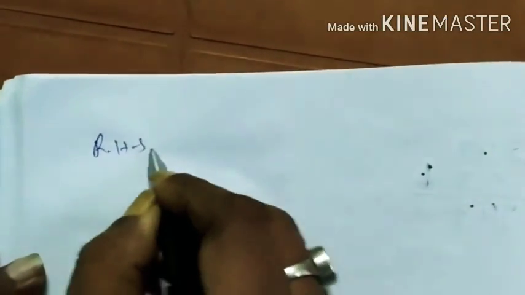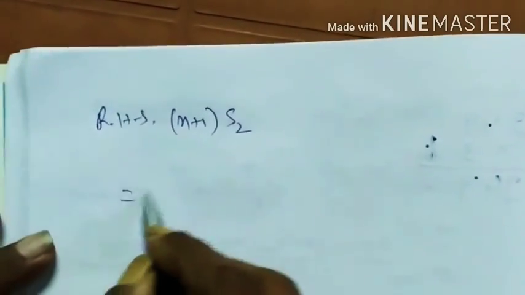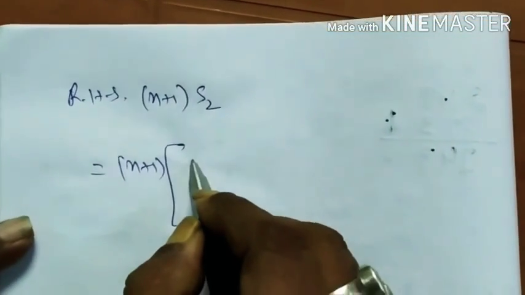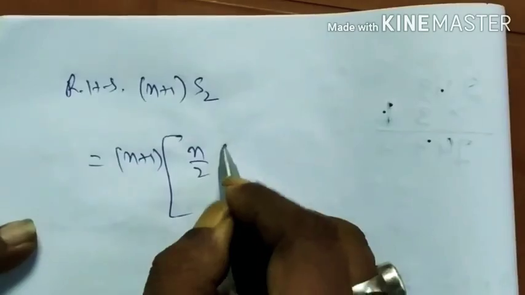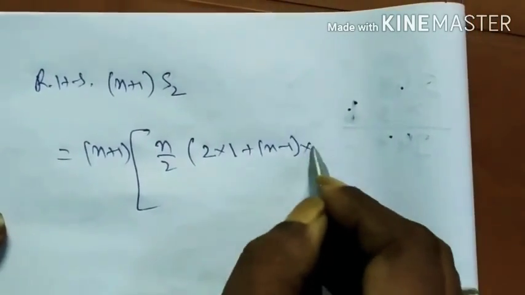Right hand side is n plus 1 S2. So this is n plus 1 into S2. For odd natural numbers, S2 is n by 2 into 2 into 1 plus n minus 1, common difference is 2.